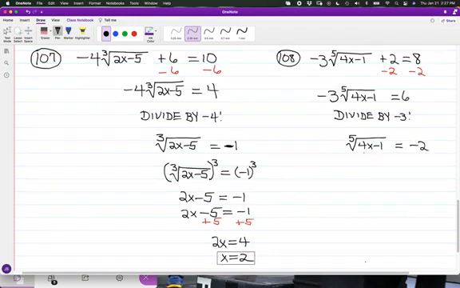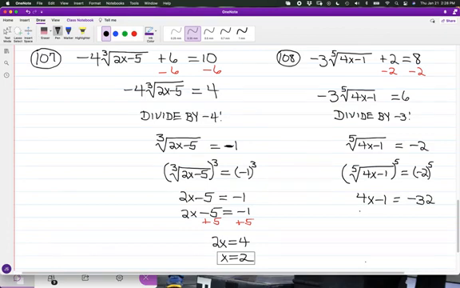So to free up 4x minus 1, we'll take both sides and now raise to the 5th power. I have equal to -2 to the 5th. So we have 4x minus 1 equal to, and for -2 to the 5th, we're looking at going from -2 to 4 to -8 to 16, and 16 times -2 is going to be -32.